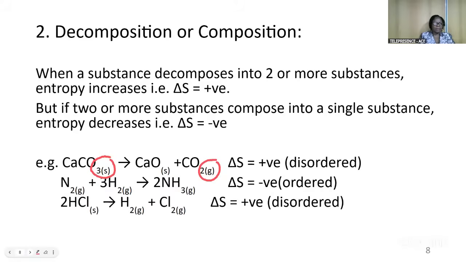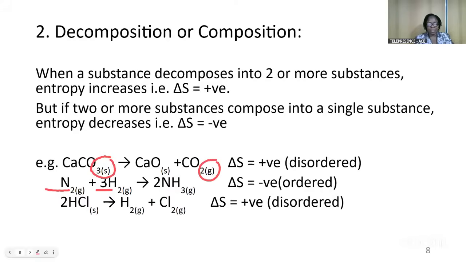In the second example, you can see 1 mole of nitrogen, 3 moles of hydrogen, forming 2 moles of NH3. Interestingly, this is a homogeneous phase reaction. All of them are gases, but one thing is clear: there is 1 mole here, there are 3 moles here, so the total on the reactant side will be 4 moles.